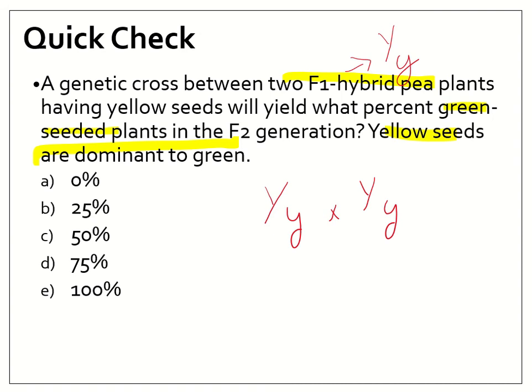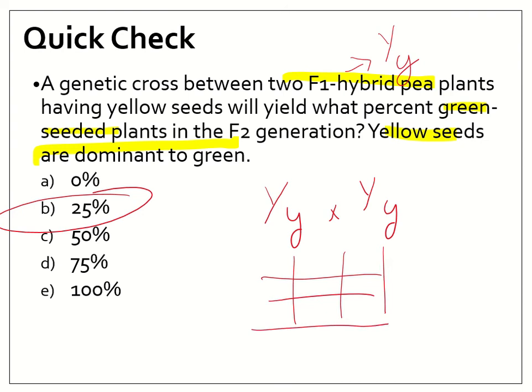So you do your cross and you should be able to come up with your 25%. If you want to do your little cross, that's okay. It's always good practice. And you'll see just 1 out of 4. So that's where your 25% comes in.